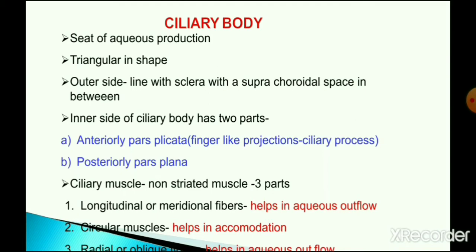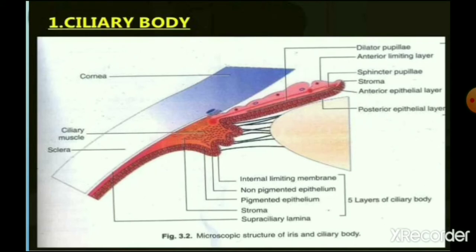Then the ciliary muscle: non-striated muscle with three parts, the longitudinal or meridional fibers, which help in aqueous outflow, the circular muscles, which help in accommodation, and the radial or oblique fibers, which again help in aqueous outflow.